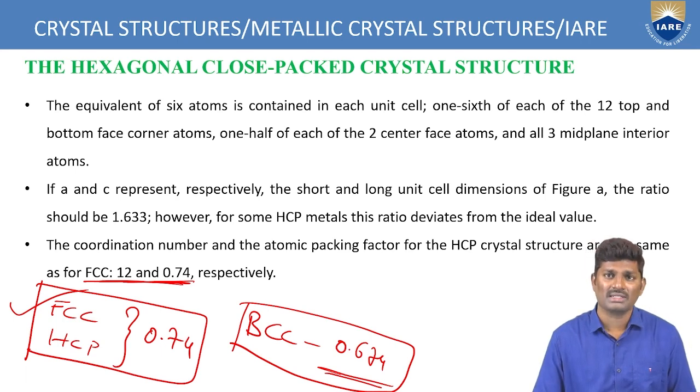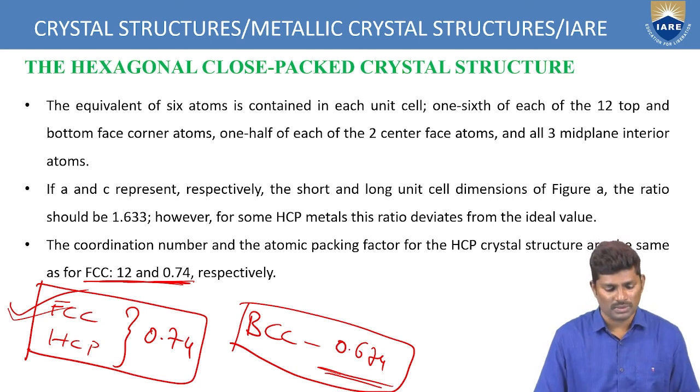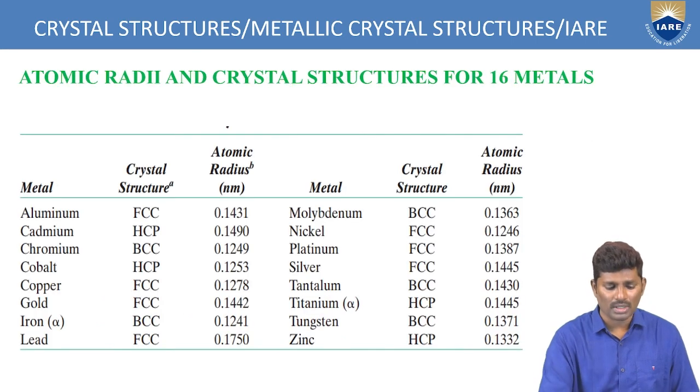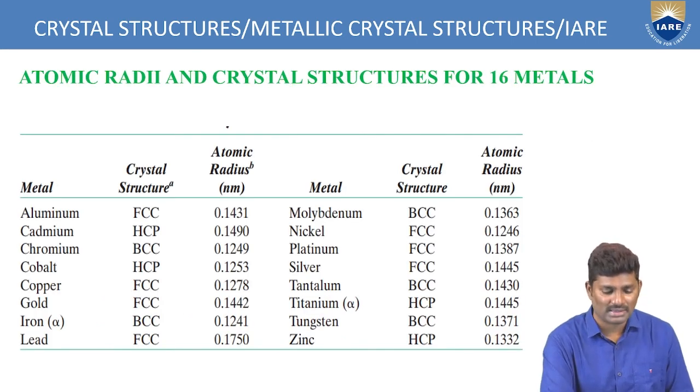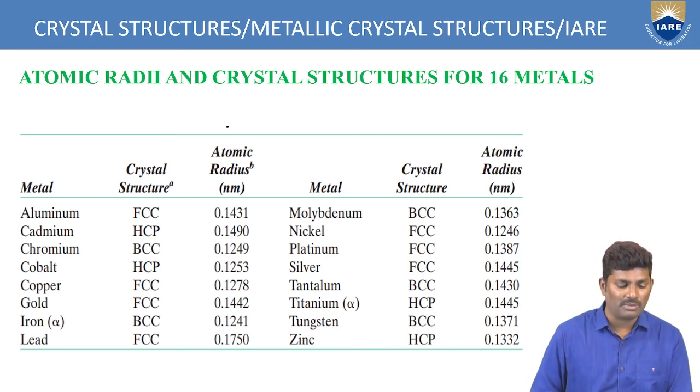If you know the crystal structure, then you can easily find out the atomic packing factor and the coordination number. If you know all these things, selection of material is very easy. Now if you see the atomic radius and structures for the 16 metals, you have aluminum.